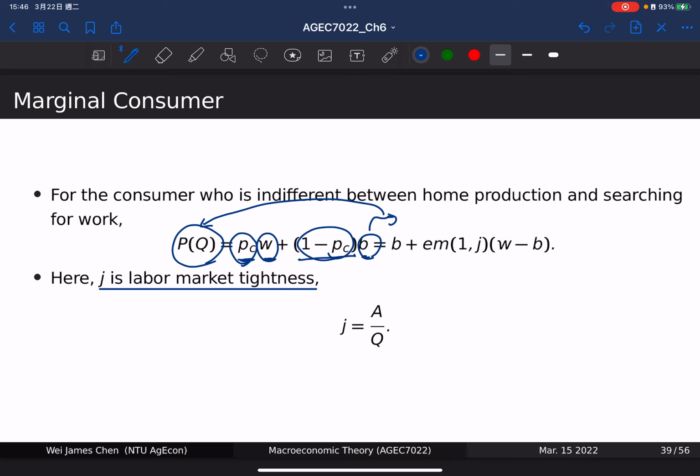J is A divided by Q. Is it not clear to you what happens when Q increases? Q increases, this whole thing will decrease, right? Or put another way, when Q increases, the matching chance must be lower, right? And W minus B must be a positive number, otherwise I won't accept the offer. So the whole thing must decrease. Get what I'm saying?